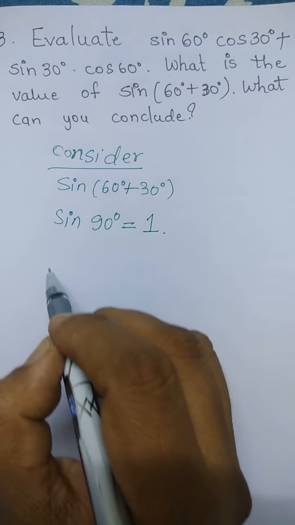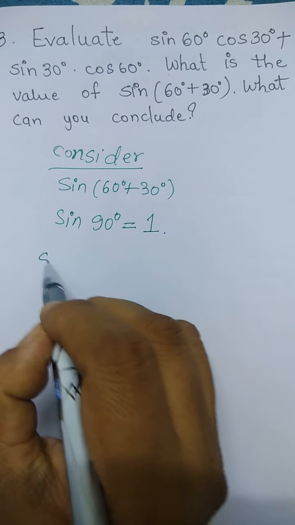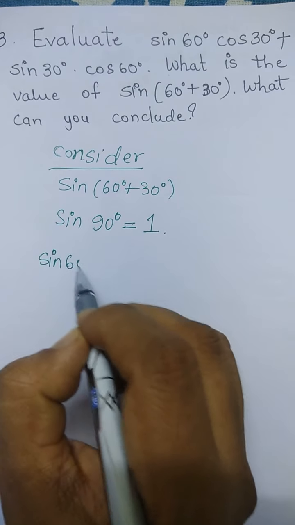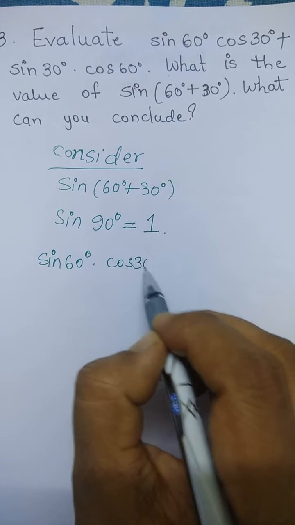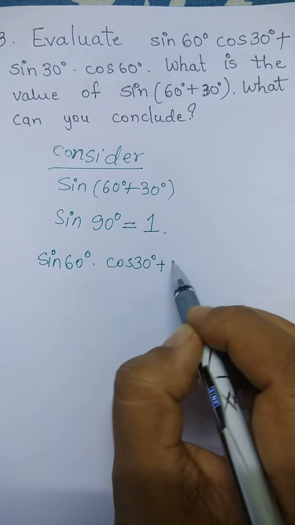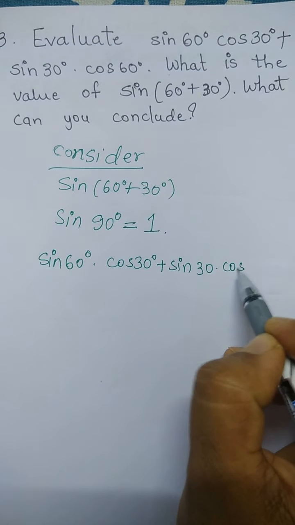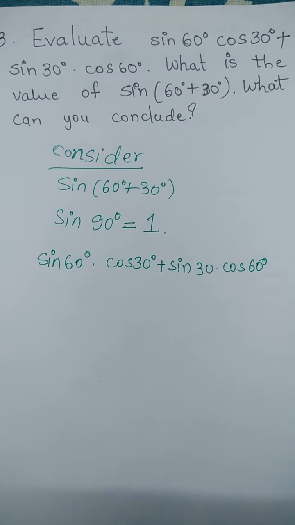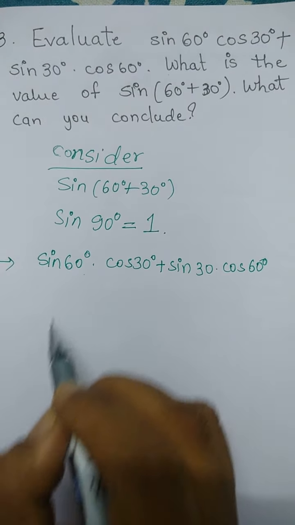Okay, now consider sine 60 degree into cos 30 degree plus sine 30 degree into cos 60 degree. Put the values. What is the value of sine 60 degree?